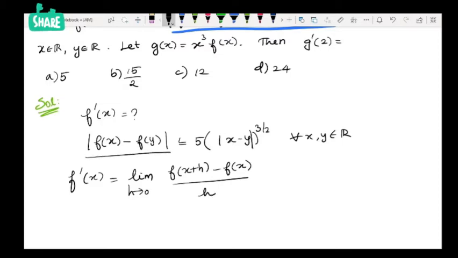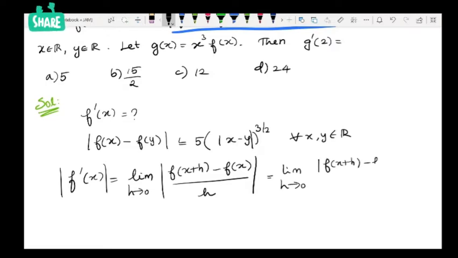I'm gonna take the modulus now, and h is a positive quantity, right? Here, instead of x we have x plus h, and instead of y we have x. Let me write the modulus for the numerator alone now. Now we can apply the inequality given.